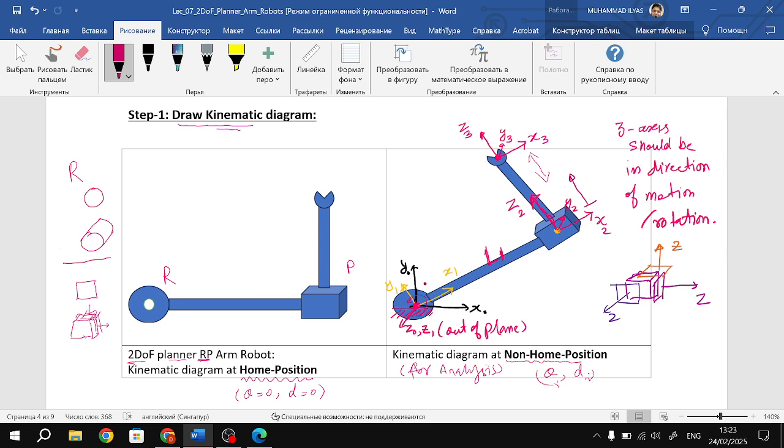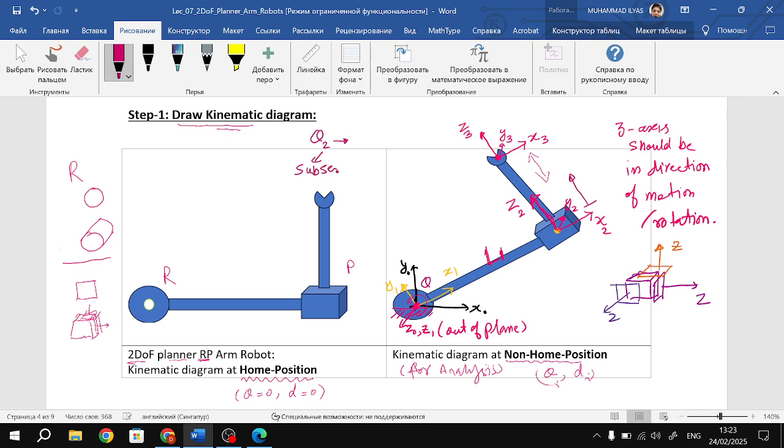So what will be our first joint variable? It should be theta, but what subscript will we attach? I told you the rule for how we attach the subscript; this is very important.